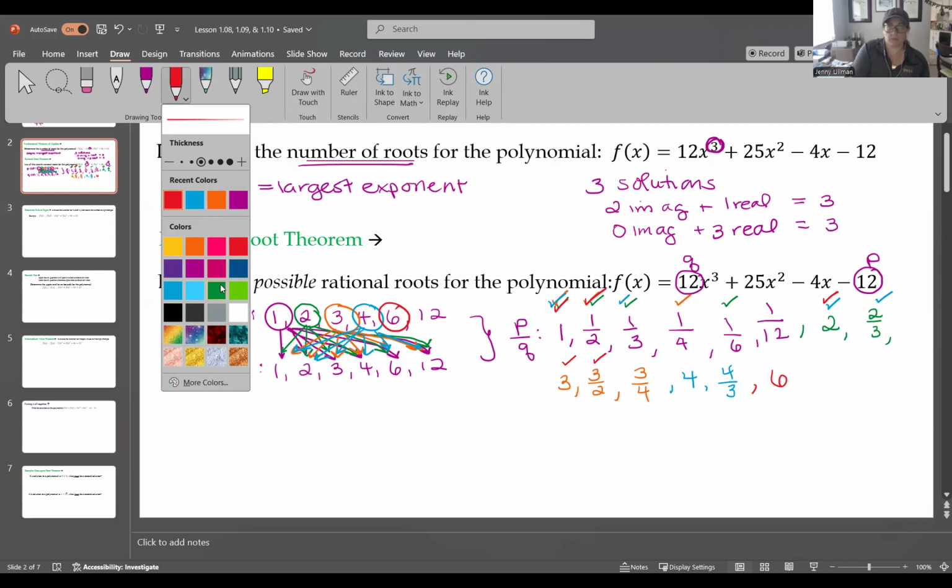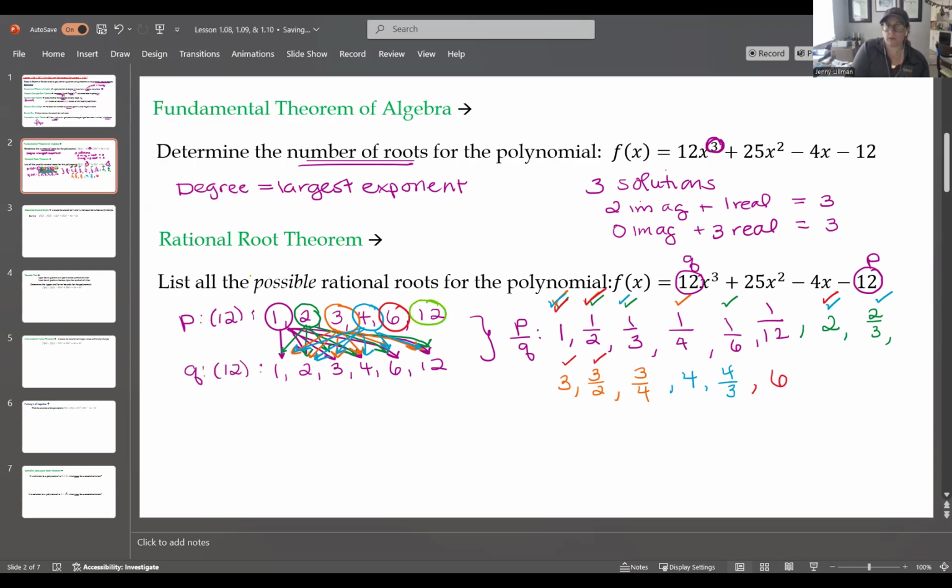Orange, light blue, did green, I'll do light green for this one. Okay, so then for 12, 12 divided by 1, 12 divided by 2 is 6, 12 divided by 3 is 4, 12 divided by 4 is 3, 12 divided by 6 is 2, and 12 divided by 12 is 1. So we only got one new one there.